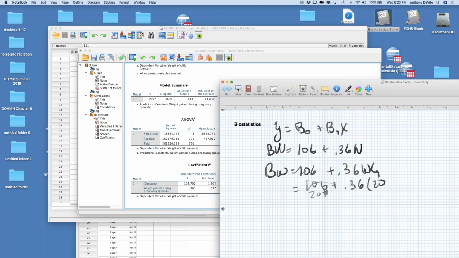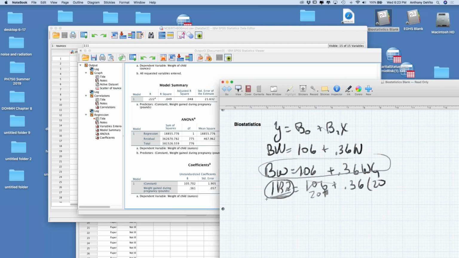So that's 20 times 0.36, which is 7.2. 106 plus 7.2 is going to be 113.2. We would predict that that baby would weigh 113.2 ounces based on our formula that we generated from our regression analysis.